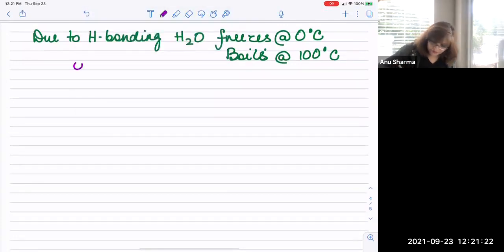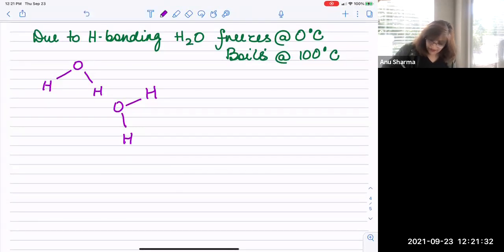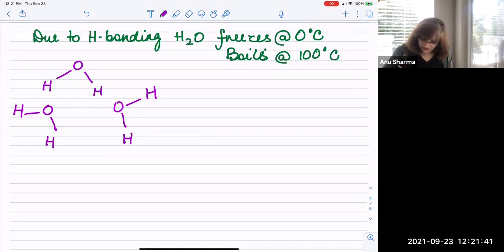Here's this oxygen. Here's this hydrogen. This is a water molecule. Okay, oxygen, hydrogen. So remember that water molecules are bent molecules. Water is very polar, but just bent.